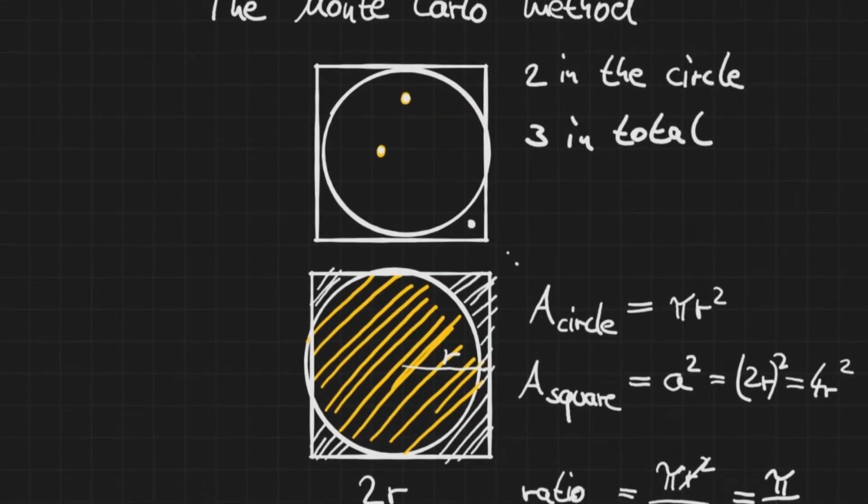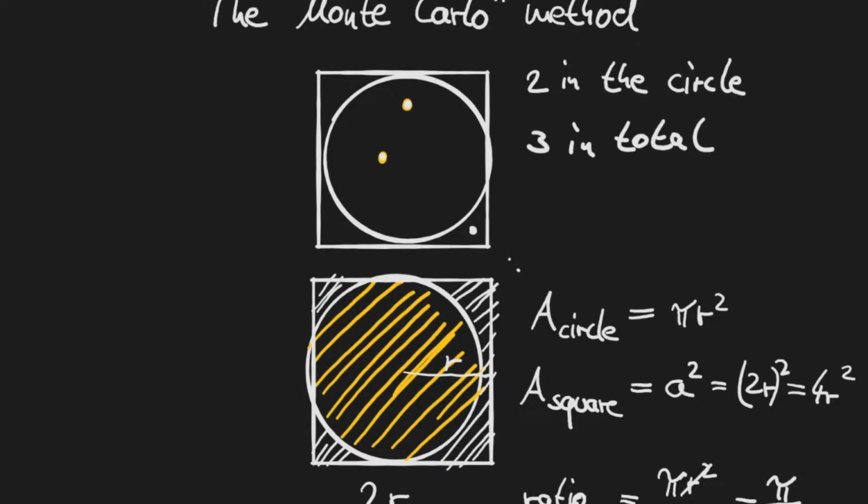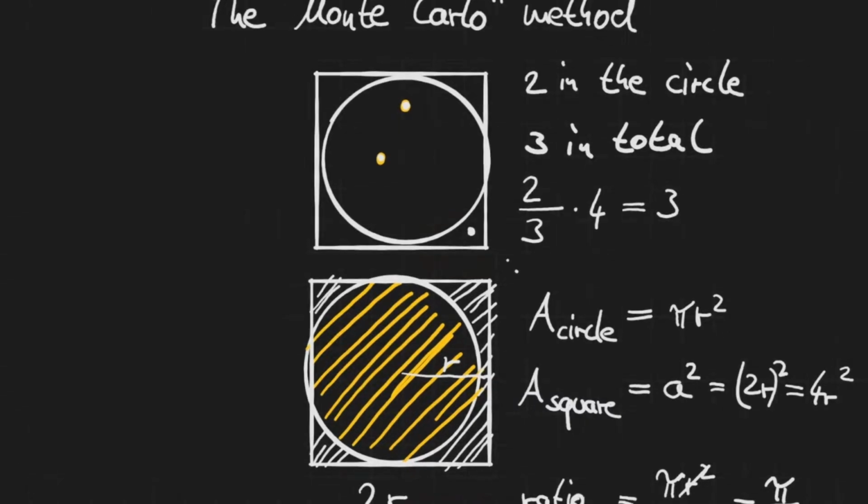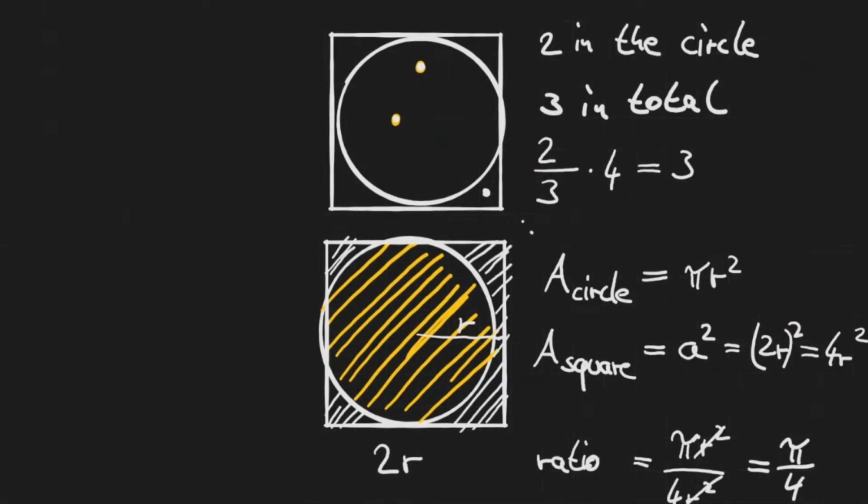Back to our previous example with the 3 points, we could just use this formula now. 2 points in the circle divided by 3 points in total times 4 is equal to 3, which is a good approximation for pi, and that's the Monte Carlo method, a geometrical way to approximate the value of pi.